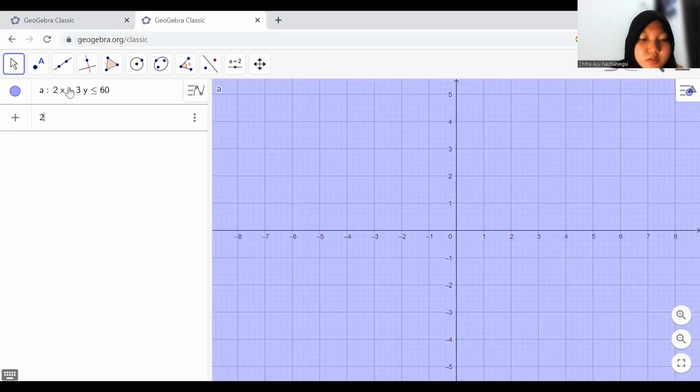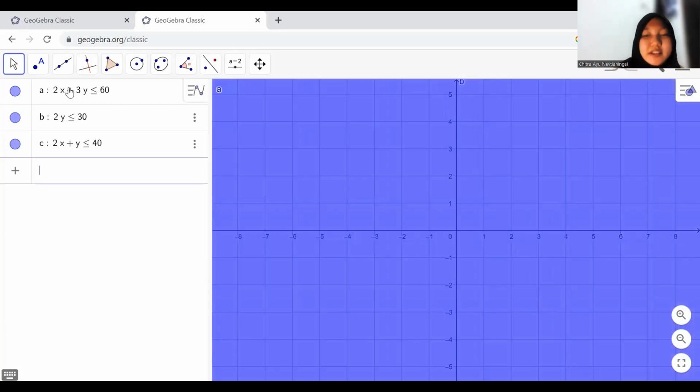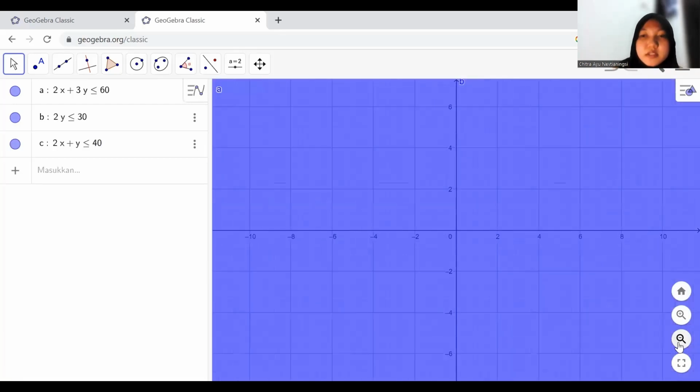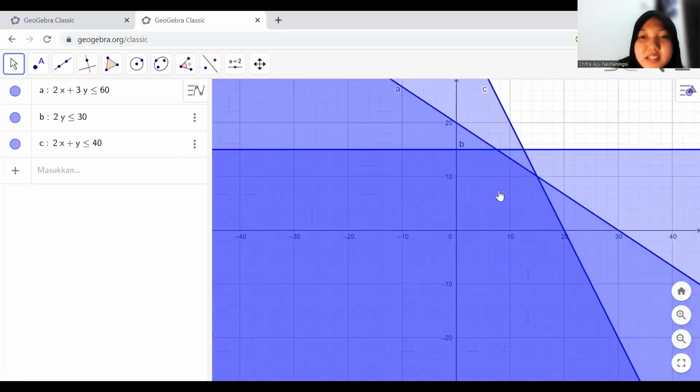Next is 2y greater than or equal to 30. And next is 2x plus y less than or equal to 40. So we can see this is the feasible region or feasible area.